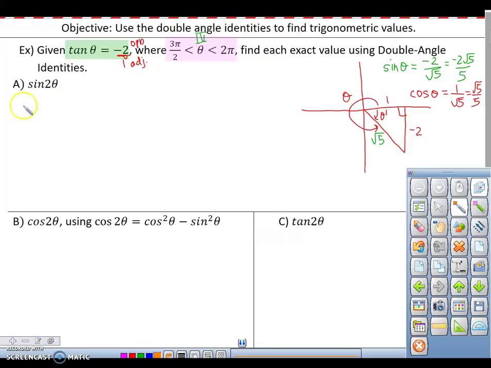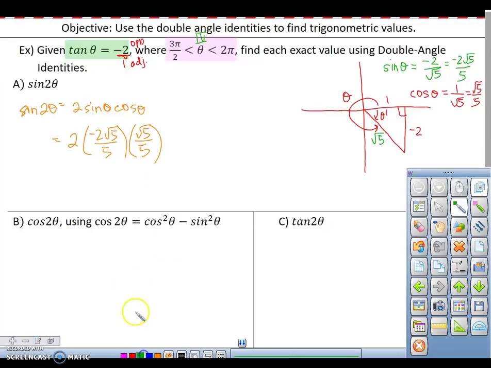All right, so for sine of 2 theta, we know sine of 2 theta is equal to 2 times the sine of angle theta times the cosine of angle theta. So this is going to give us 2 times our sine, negative 2 times the square root of 5 over 5, and our cosine is square root of 5 over 5.